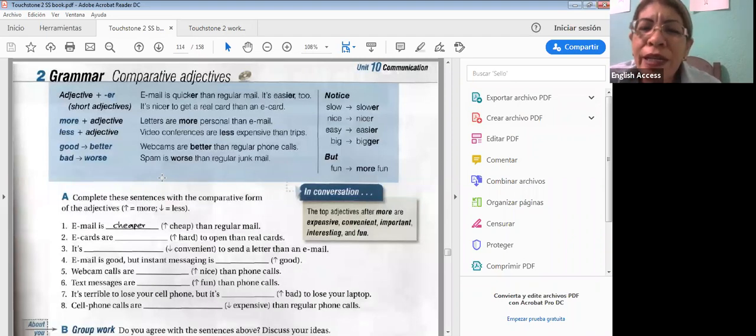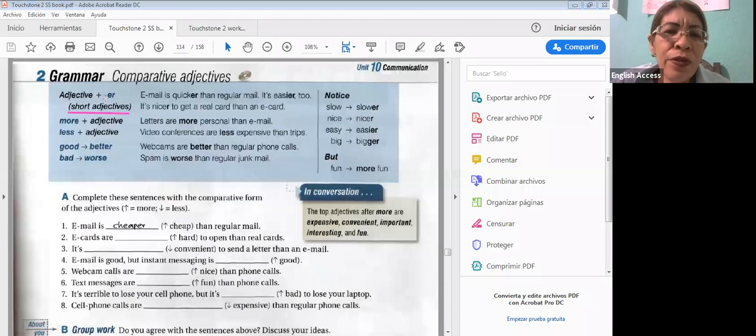The grammar chart is about comparative adjectives, remember. We have short adjectives and long adjectives. With short adjectives, we're going to use ER at the end. For example, instead of quick, we have quicker.